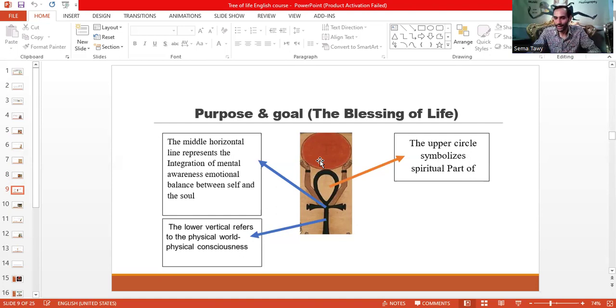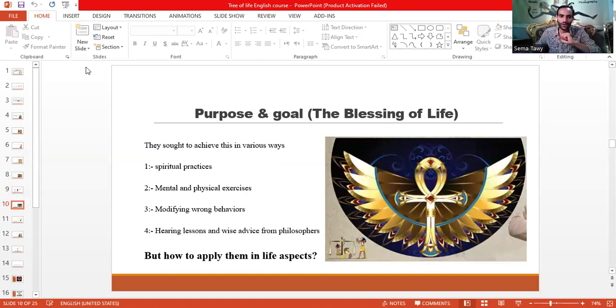If you make a balance between spiritual needs and physical needs in your life, your soul will be bright, shiny, radiant. Your spirit will be satisfied and happy. You will succeed in reaching the blessing of life. So this is the goal, the purpose in ancient Egypt, and the path of succeeding and living a beautiful life.